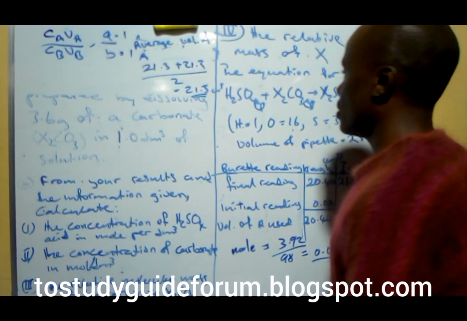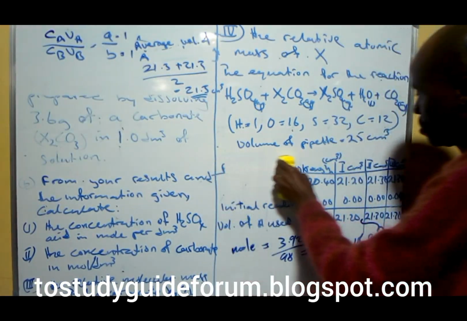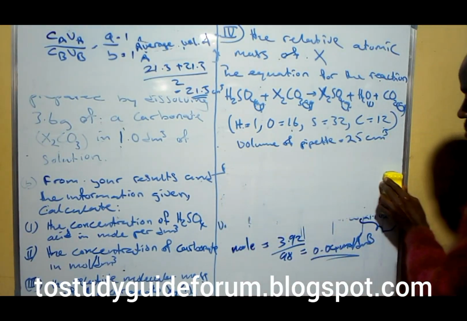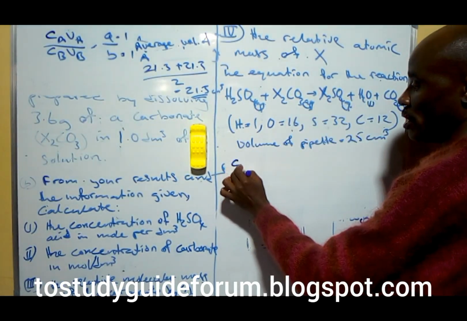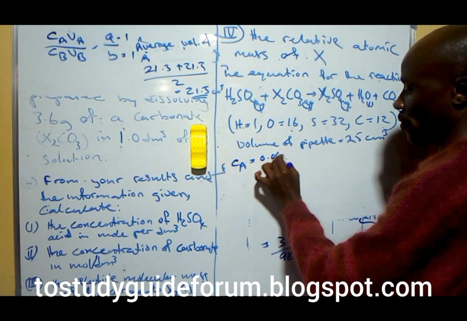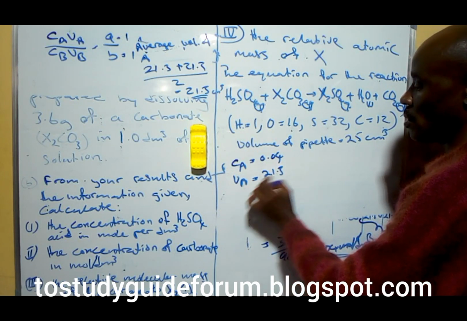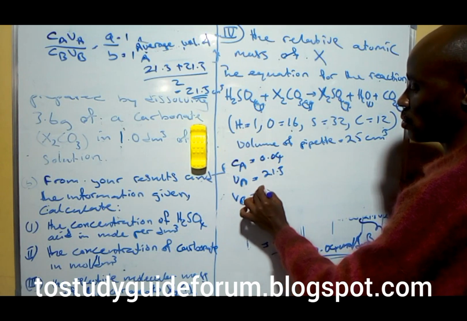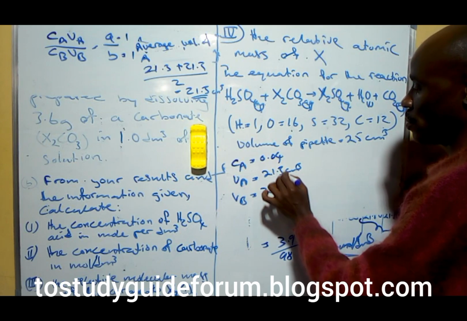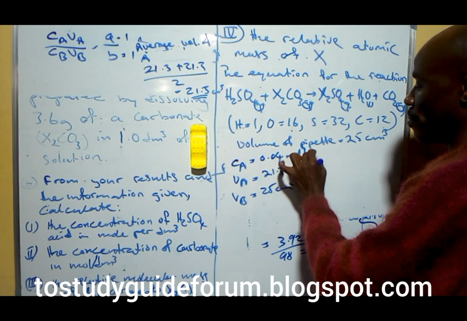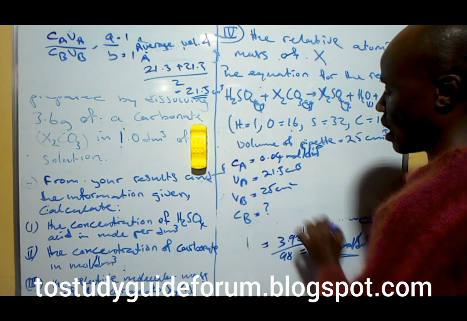That means for A, the concentration is 0.04 mole per dm cube, the volume of A used is 21.3 cm cube, and the volume of B used is 25 cm cube, and the concentration of B is what we are looking for.